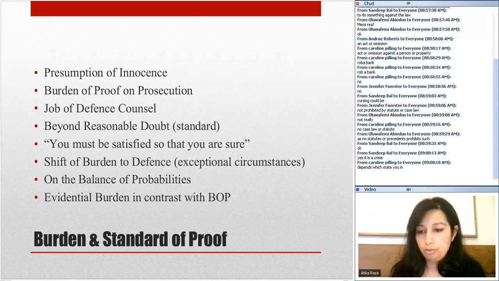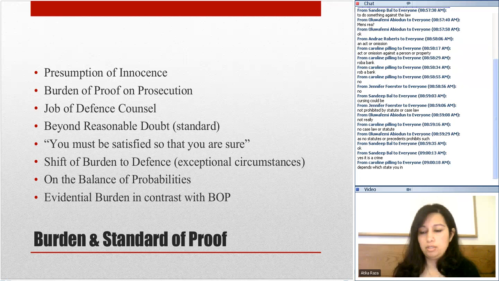What is the burden of proof? The burden of proof is about who has the burden to prove that a person is guilty. It's always on the prosecution, always on the prosecution, to prove all the elements of the crime against the defendant. And also, if the defendant has raised some defenses, it is the prosecution's job to disprove all the defenses raised by the defense.